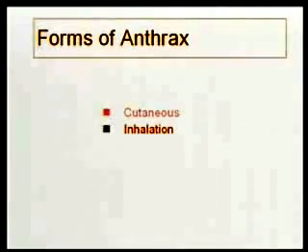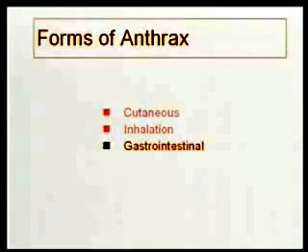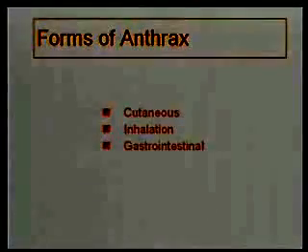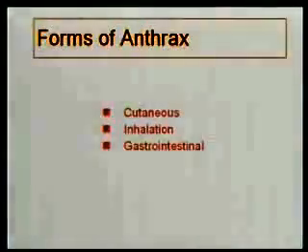That's why the handlers of leather goods, unprocessed leather goods, the skin, furriers, those who prepare the fur, are at risk of that. Inhalation, of course, if they're handling wool or cotton, it is aerosolized and will cause inhalation anthrax. And the other form is gastrointestinal anthrax by ingestion of infected material.